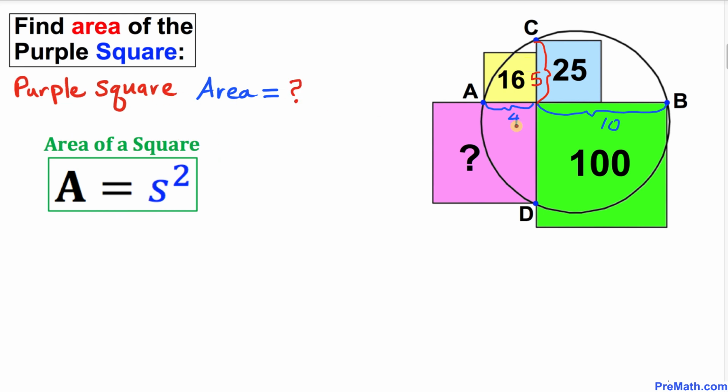And finally, let's focus on this purple square, and we don't know the area of this purple square. Now let's focus on this side length of this purple square. If somehow we can find out the value of this side length of this purple square, we can easily figure out the area of this square by using this formula.